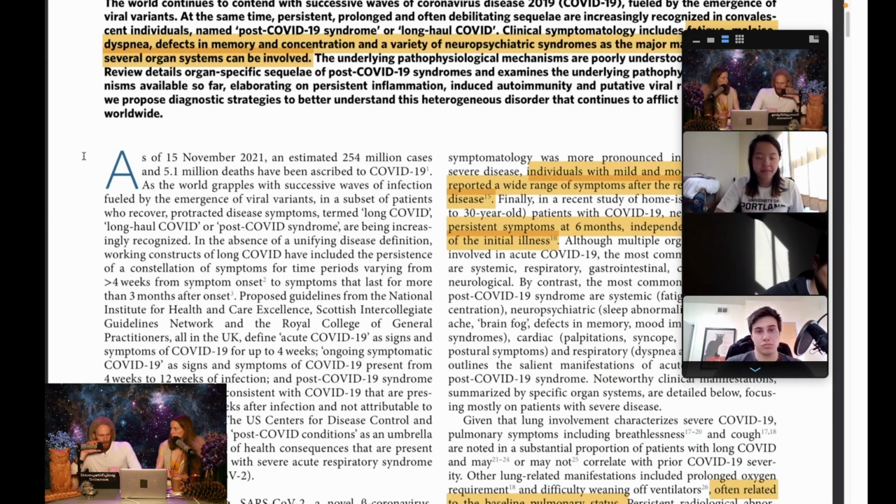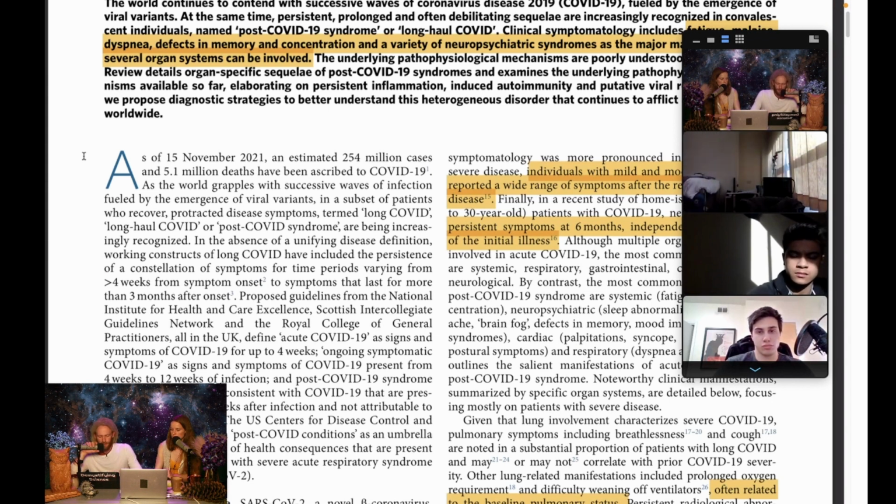They start off and they tell us that there is the persistence of a constellation of symptoms for time periods varying from more than 4 weeks from symptom onset to symptoms that last more than 3 months. And there's some different guidelines that have been proposed for that.